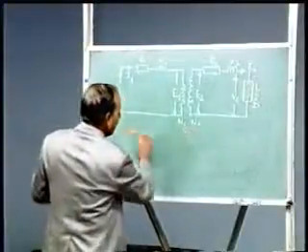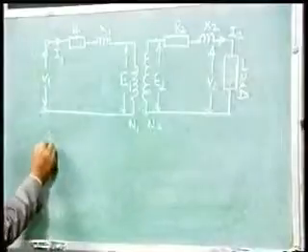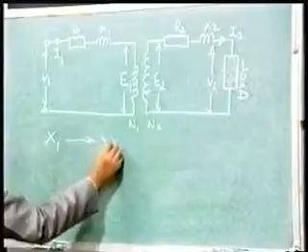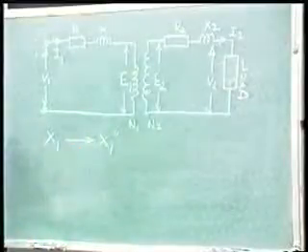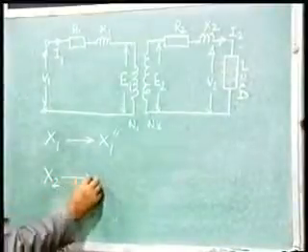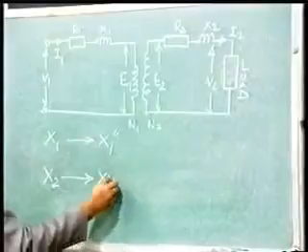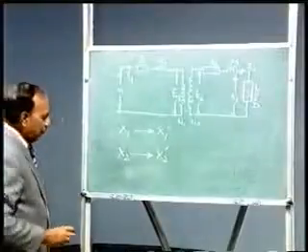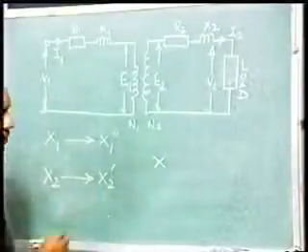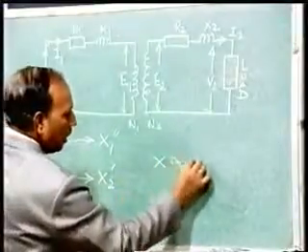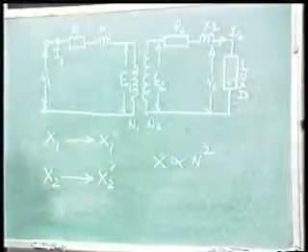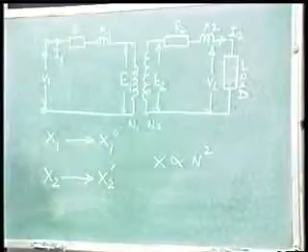Now similarly the reactance X1 from the primary side could be transferred to the secondary side, where its value will be X1 double dash, and X2 from the secondary side could be transferred to the primary side, where it will be X2 single dash. Their values will also change accordingly because reactance is proportional to the number of turns square, turns being the number of turns of the winding.